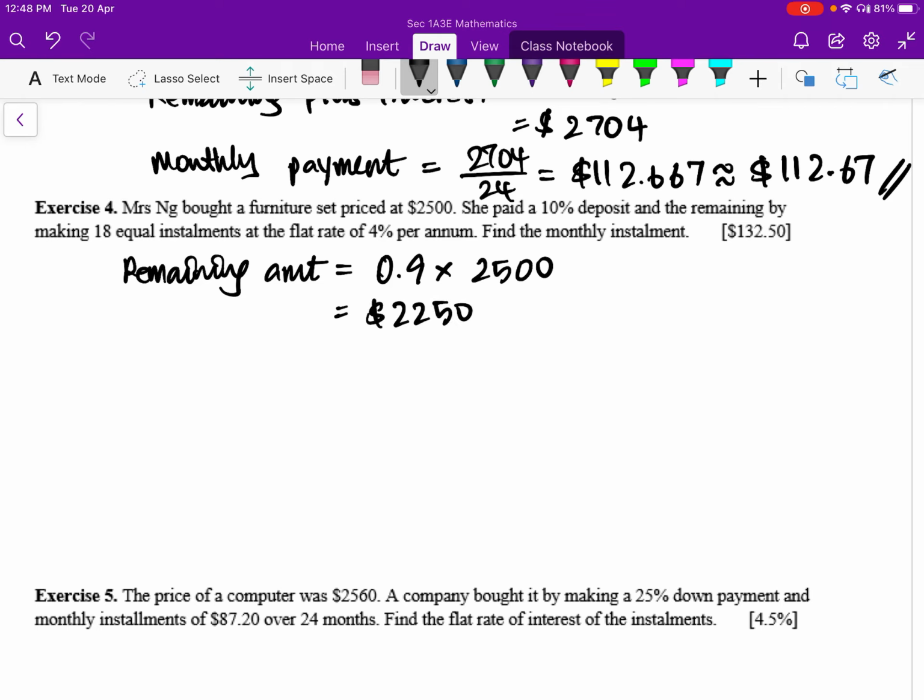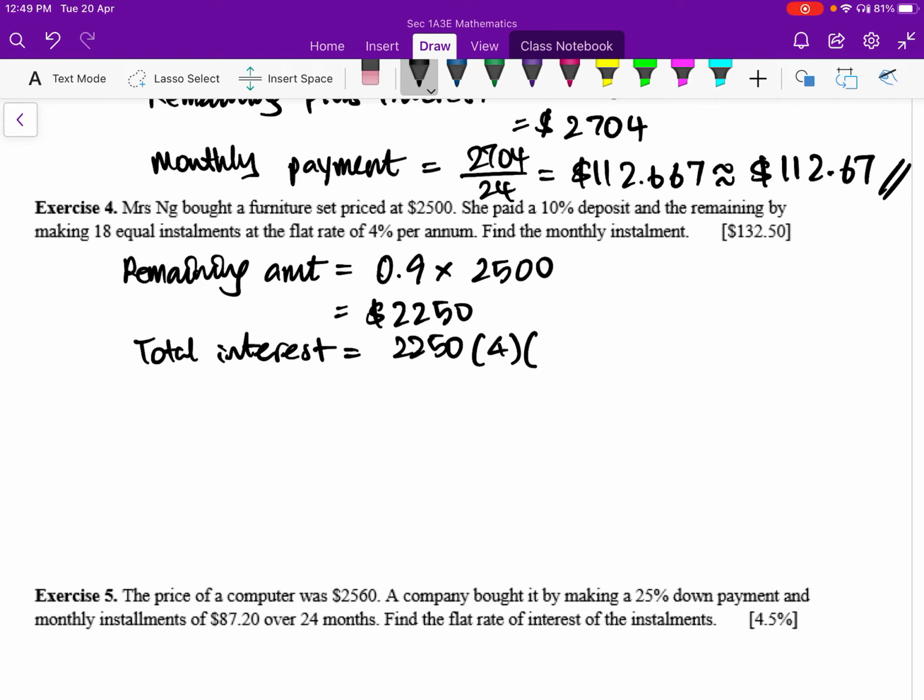And because you are paying a monthly installment at a flat rate of 4% per annum, let's find the interest paid, total interest. So the formula says P times the rate, 4%. So 4 times the duration, T, 18 equal installments.